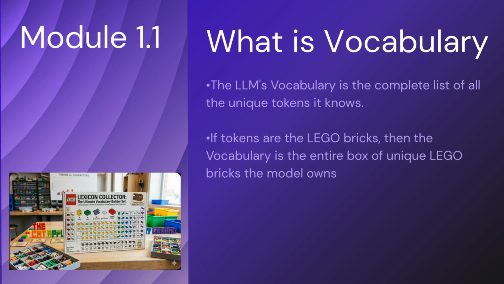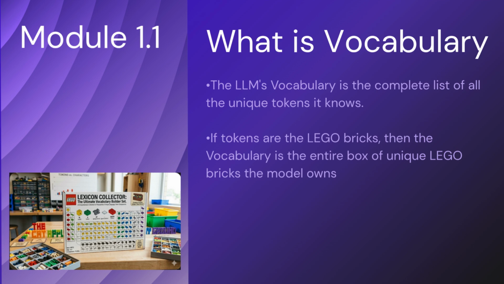What is the vocabulary? If tokens are the Lego bricks, then the vocabulary is the entire box of unique Lego bricks the model owns. The vocabulary is the fixed, complete set of every single unique token the LLM knows and has assigned a number to. When a model is created, its tokenizer algorithm decides what those 50,000 or 100,000 unique tokens will be.